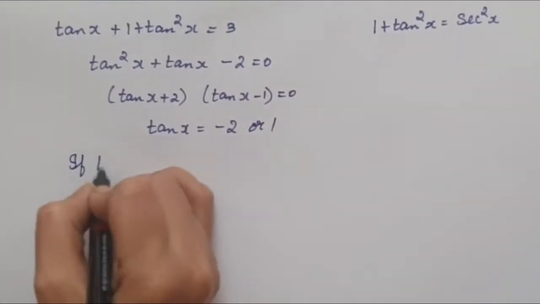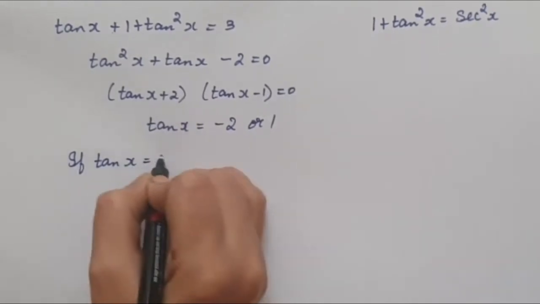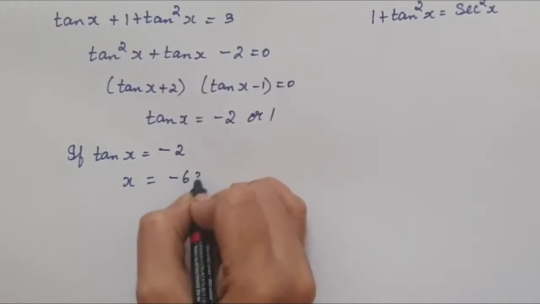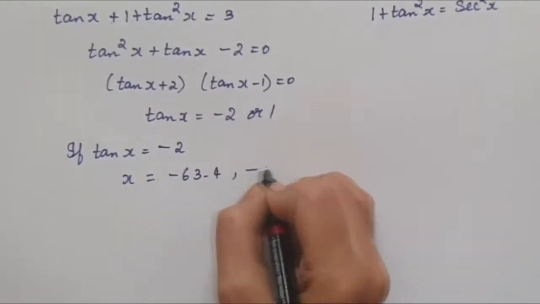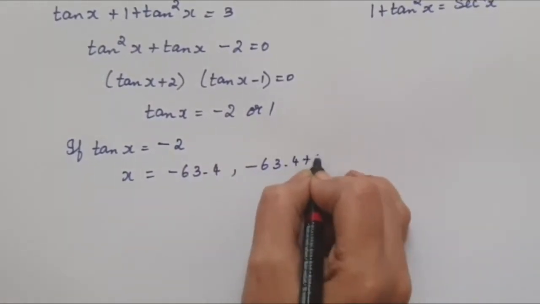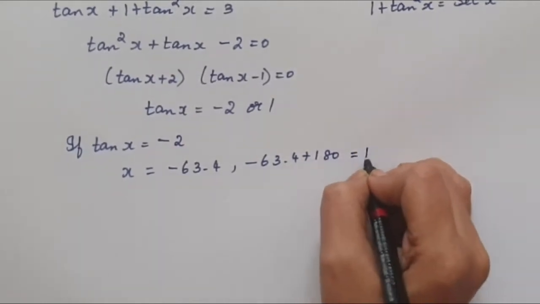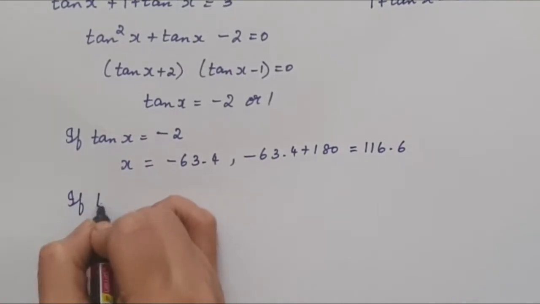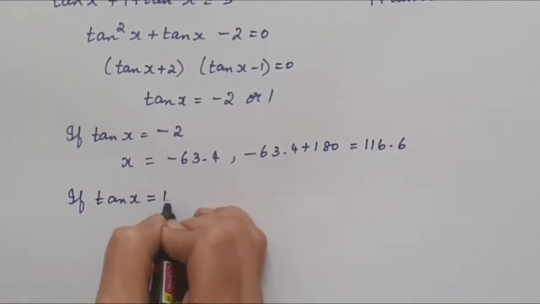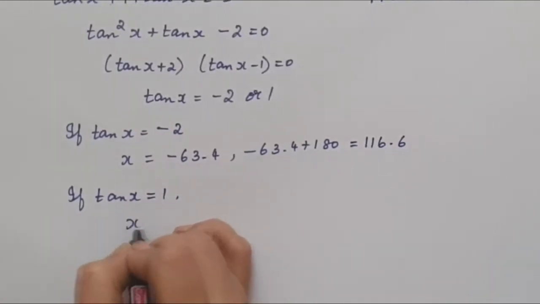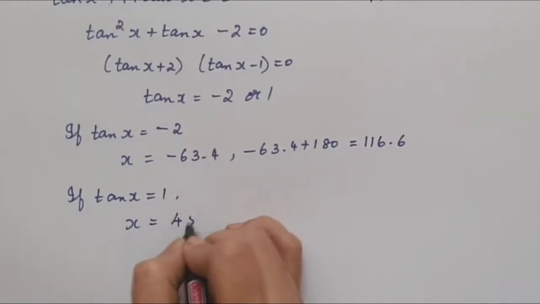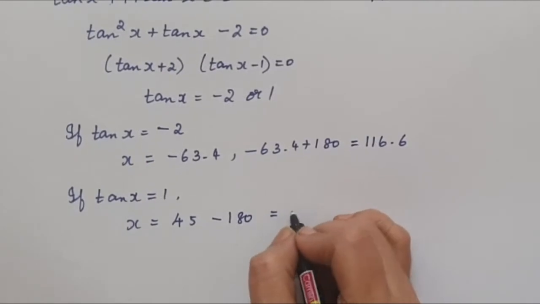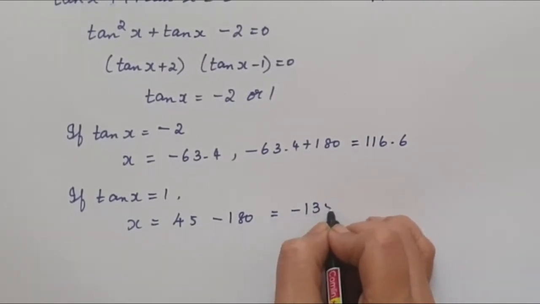If tan x equal to negative 2, x will be equal to minus 63.4 and minus 63.4 plus 180. This will give us 116.6. If tan x equal to 1, then x will be equal to 45, and 45 minus 180 will be equal to minus 135 degrees.